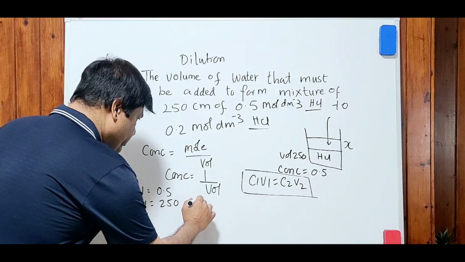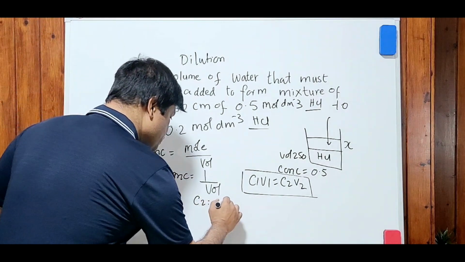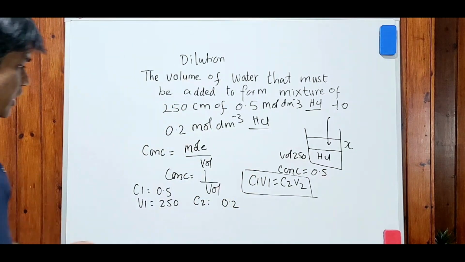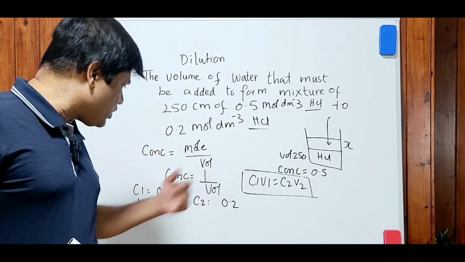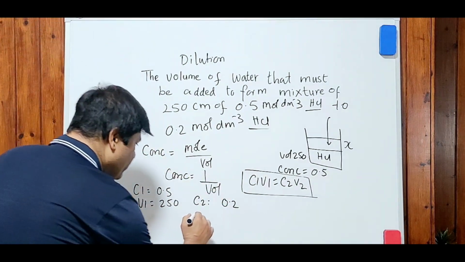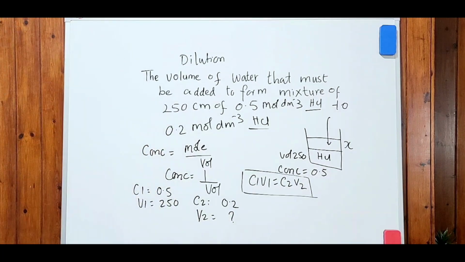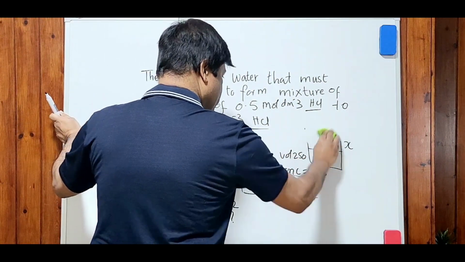Now C2, its concentration changes to 0.2. As I told you, when you add some water, its concentration changes because you are diluting the solution. It's so clear, it's so obvious. And V2 equals how much? Okay, if you don't mind, can I rub this part, only that part?